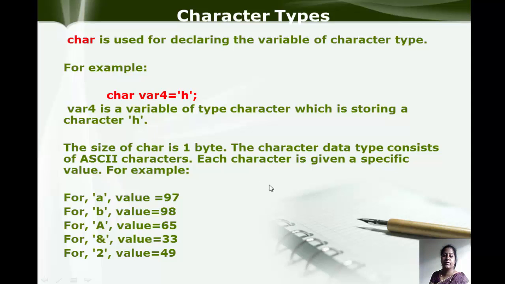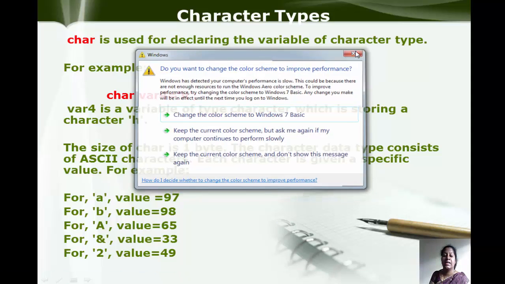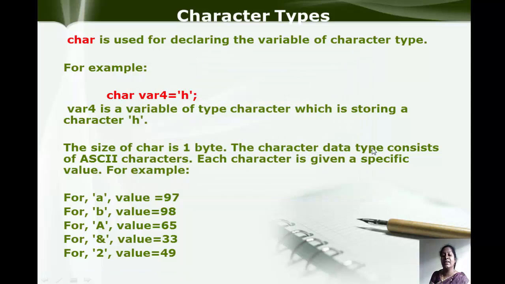The size of a character variable is 1 byte, and this character data type consists of ASCII characters, where each and every alphabet will have a value assigned to it.